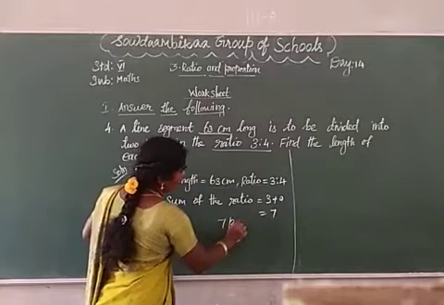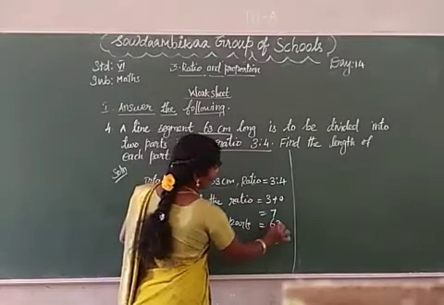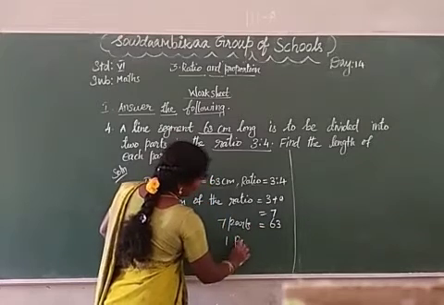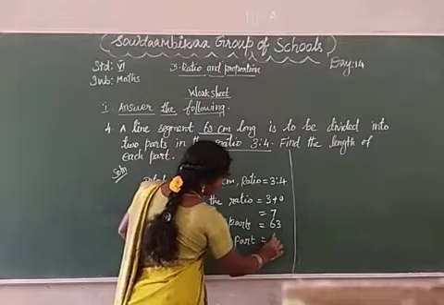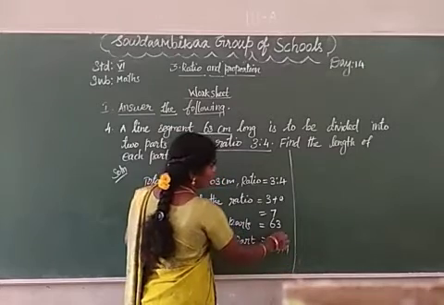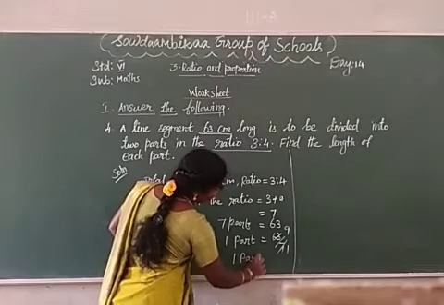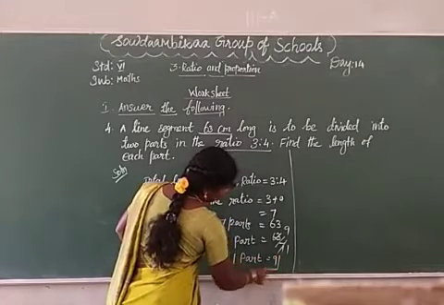So 7 parts. The 7 parts is the total length 63. Now find the 1 part. 63 divided by 7. 9 7s are 63. So 1 part is equal to 9.